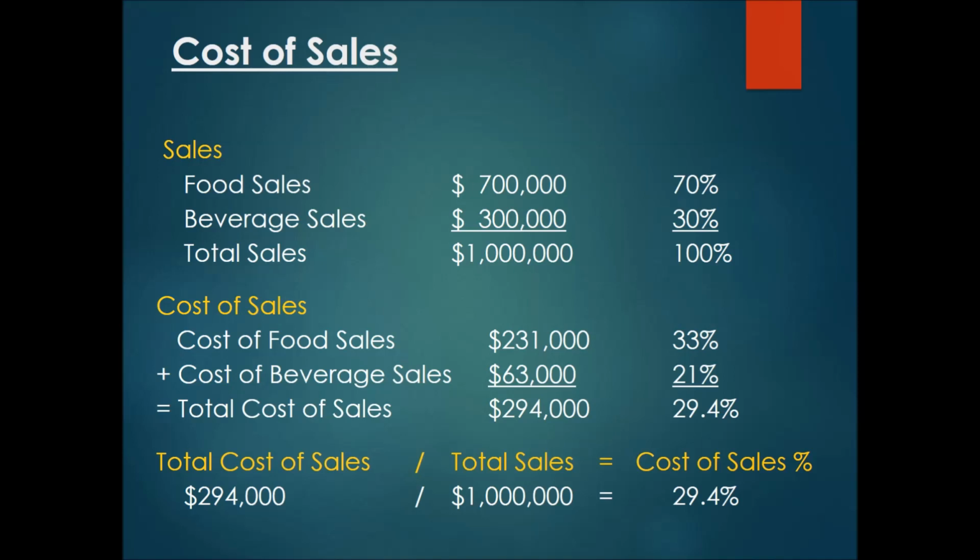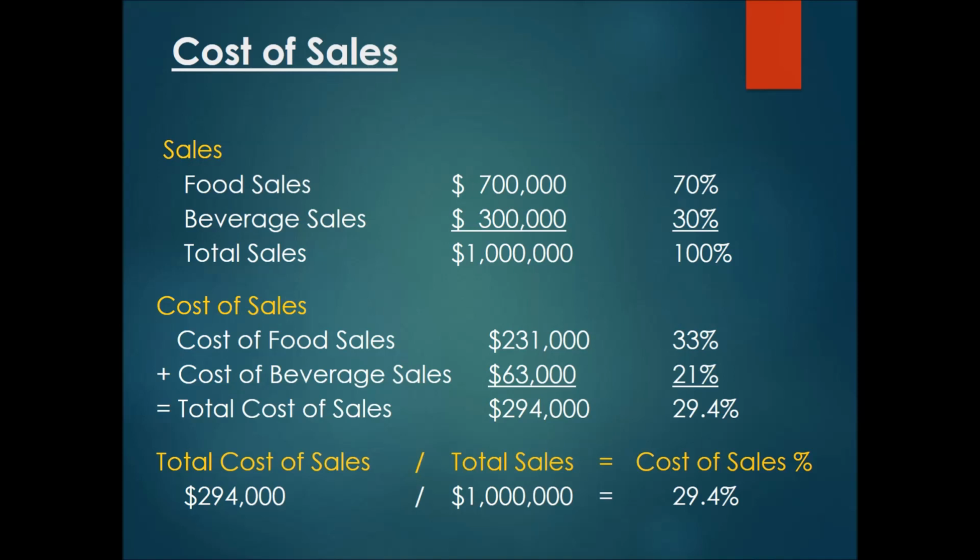Regarding the cost of sales, you can see it there as $231,000 to bring in that 700 and the 63 to bring in the 300 in beverage sales. To find that out, we take our 231 divided by 700 or our 63 divided by 300. So right now we know our food cost is 33% and our beverage cost is 21%, for a total of 29.4. Okay, so now we have our sales and we have our cost of sales.